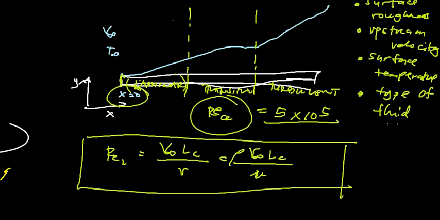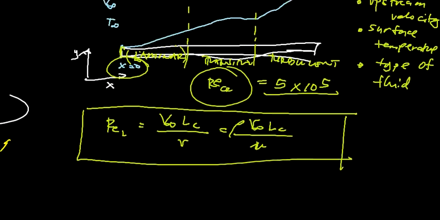So this is our critical Reynolds number. Again, if our Re falls less than this value, then our flow is laminar. And if our computed Re exceeds this value, then we say that our fluid flow is now in turbulent condition.